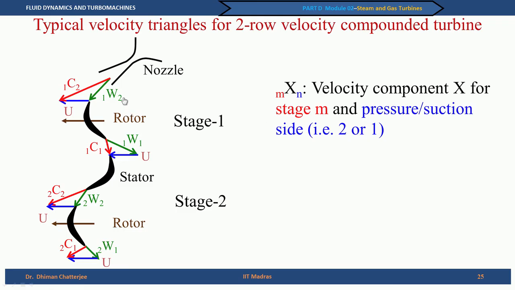So, when it enters the rotor it is 2, and when it leaves the rotor it is 1. Thus, for the first stage rotor, the inlet relative velocity can be given as 1W2, and the relative velocity at the exit of the first stage rotor can be given as 1W1. Similarly, we can talk about 2W2 and 2W1 for the second stage rotor respectively. And this pink line shows stage 1 and stage 2.